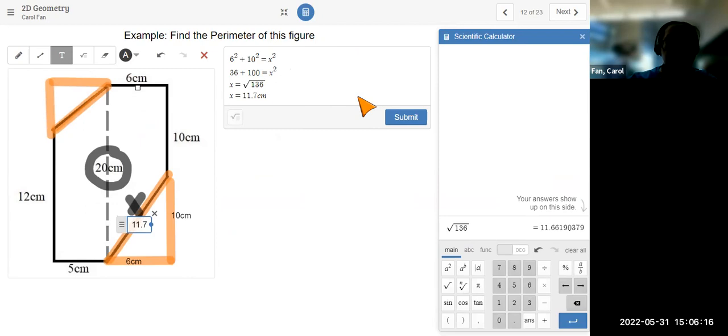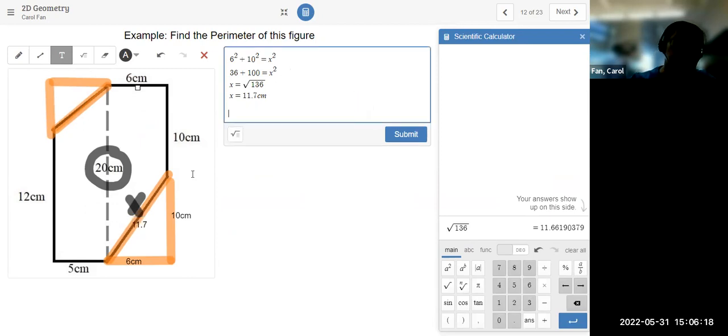Okay, the second half, let's label this. I'm going to label this side y. I can say I know that the top part is 5 centimeters. And using the clues here, I know that the distance here is 8 centimeters. I got that by taking the difference of 20 and 12.